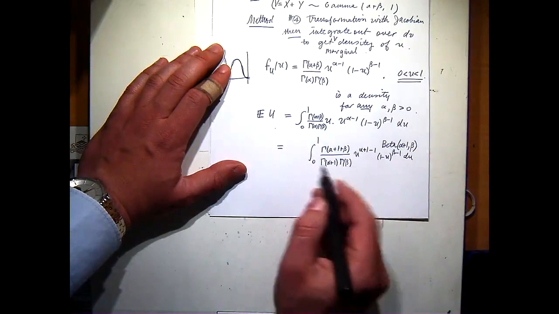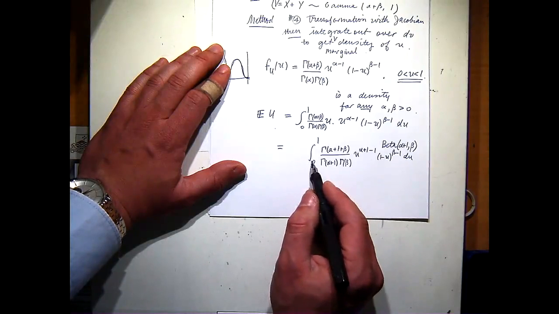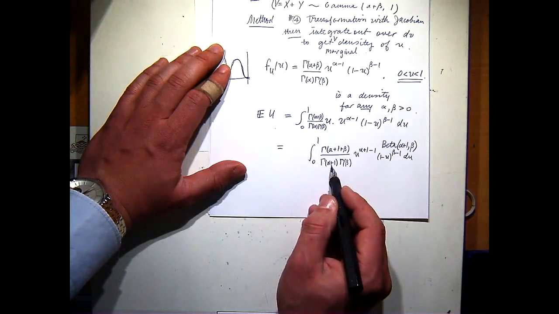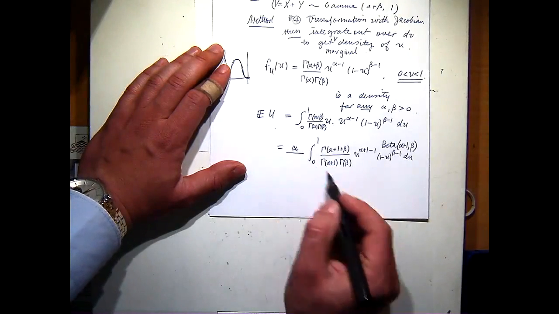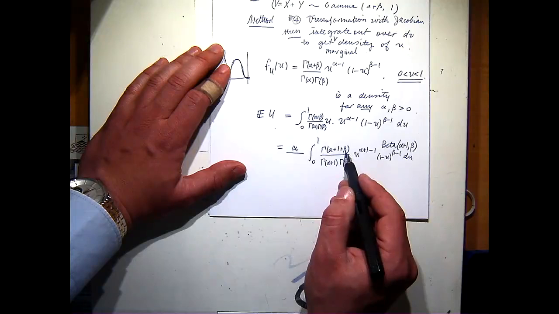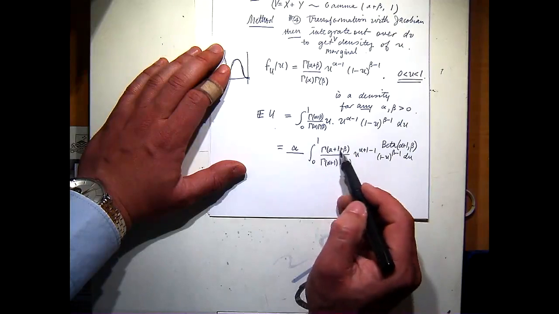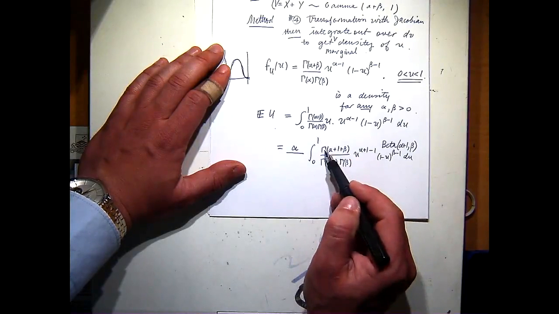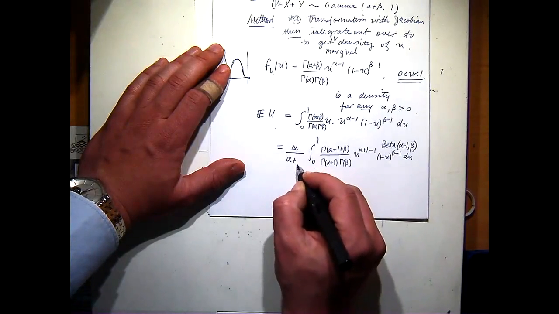So that's the density. Now I need to fix it up because I changed the constant. I now need to put in the correct parameter because gamma of alpha plus 1 has an extra factor of alpha, so I'll cancel that with an extra factor of alpha on the numerator. And gamma of alpha plus 1 plus beta has an extra factor of alpha plus beta compared to what I had here. So to fix that up, I have to put an alpha plus beta here.